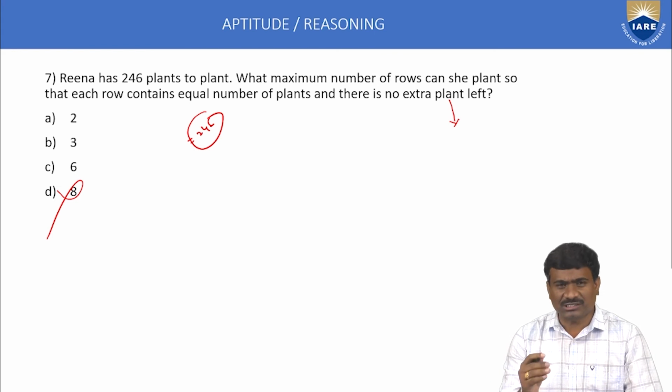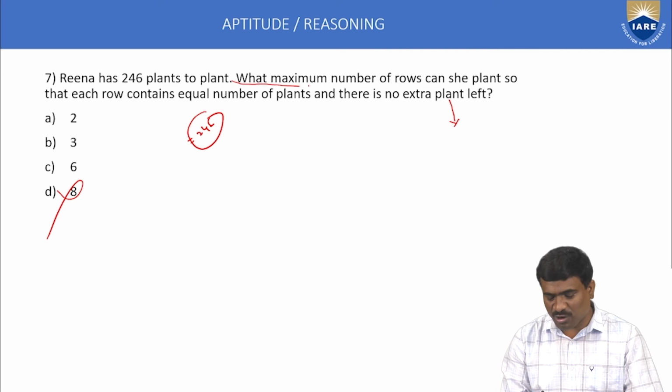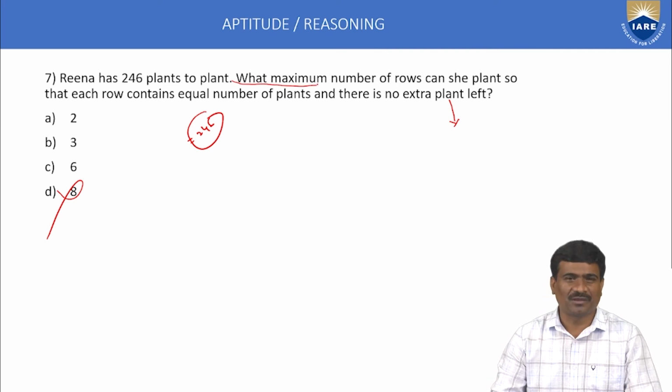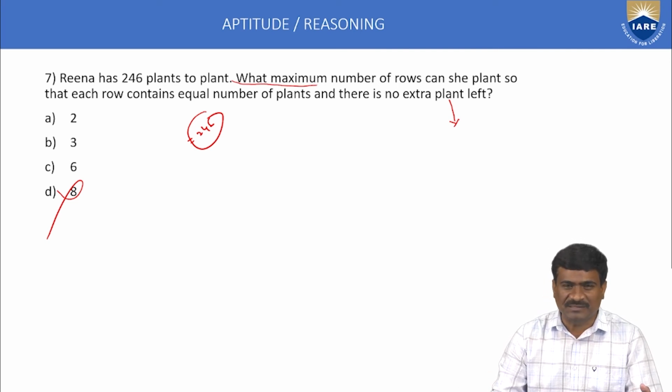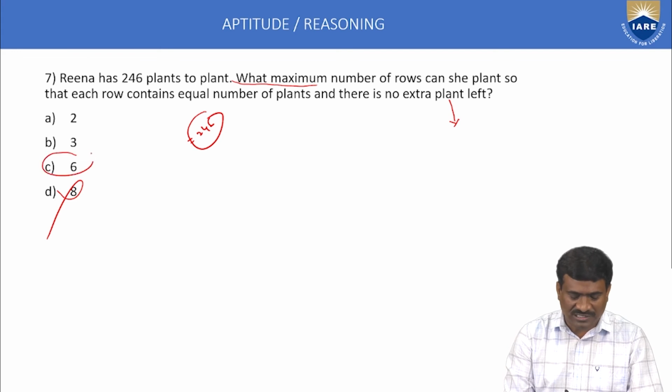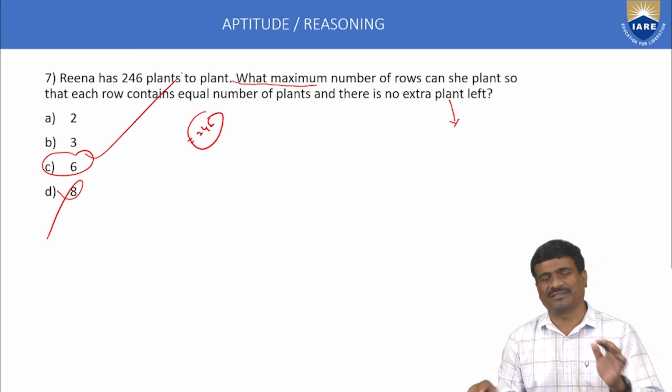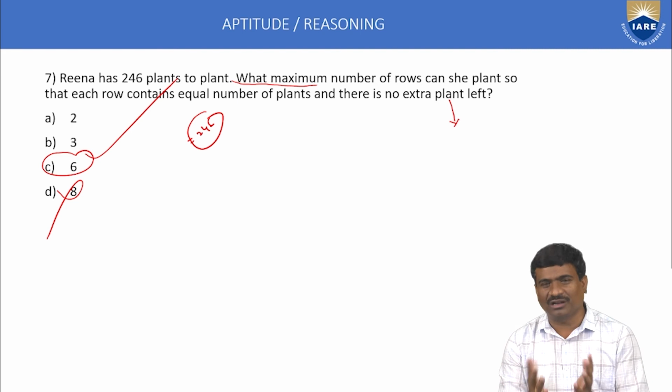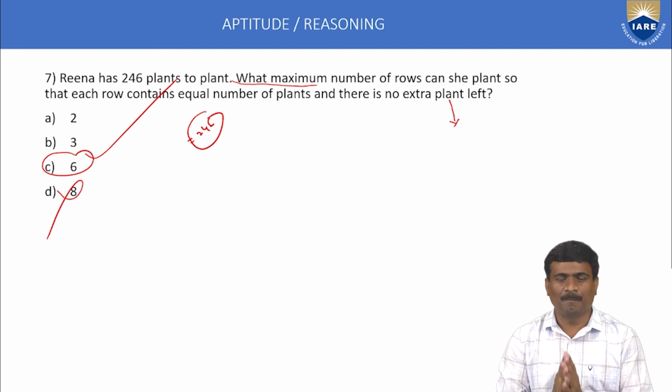But 2, 3 and 6 are all correct, and your problem asks for the maximum number. So the maximum number is 6. Option C only is correct. This is the method: without considering any variable, use option verification.